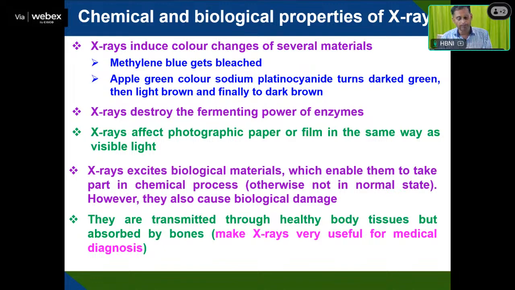Depending upon that, it can damage material properties. It also has biological and chemical effects: most organic compounds can be bleached, for example methylene blue gets bleached, and sodium platinocyanide turns dark green, and then finally brown. X-rays also destroy the fermenting capabilities of enzymes, so there are some biological effects.